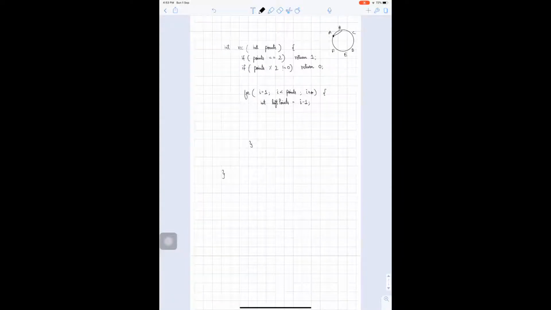So if we join A and B, how many points are there in the left? 0. And how many points are there in the right? That is points minus I.